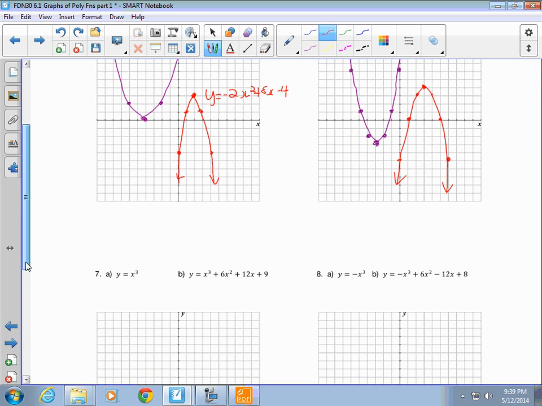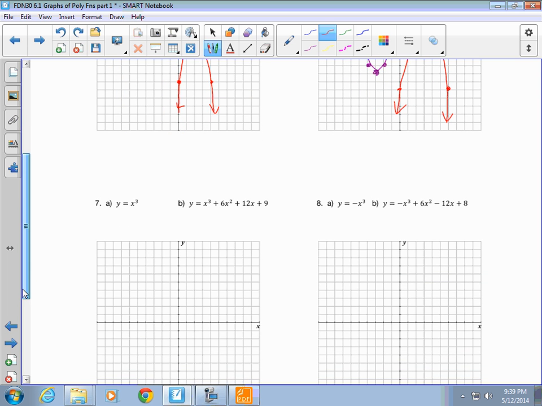So example number 7, y is equal to x cubed. So it's a cubic function with my vertex, so this is like x cubed plus 0. So my vertex is going to be here, but with a cubic function, you'll have points there, and it's going to do a kind of a curve.